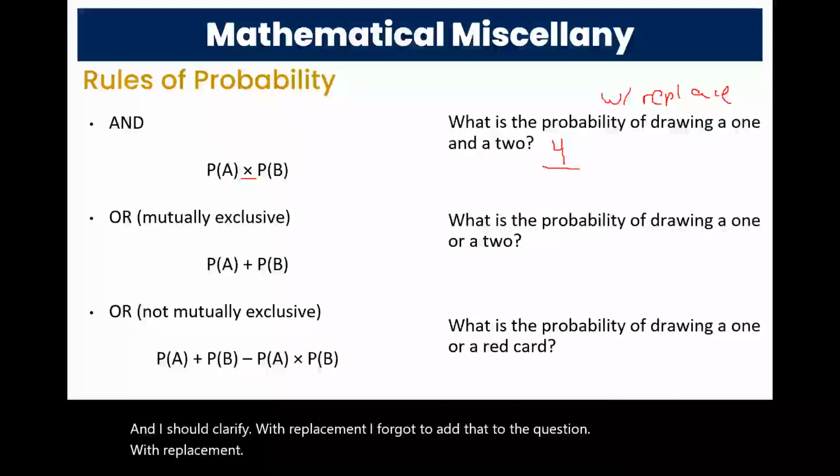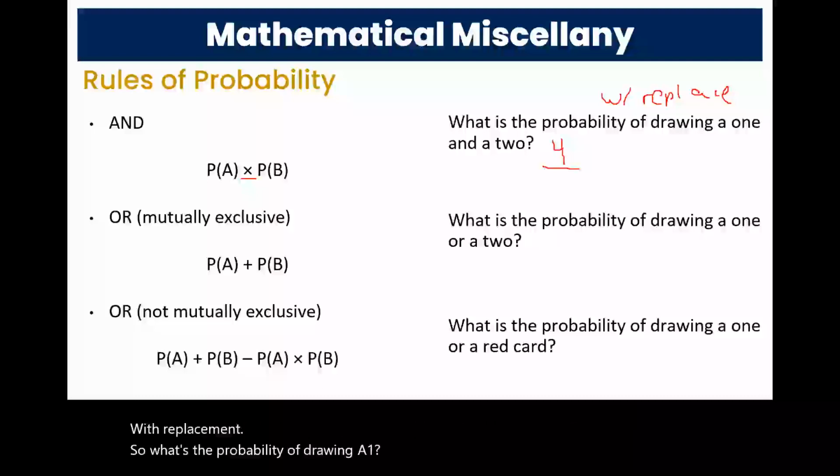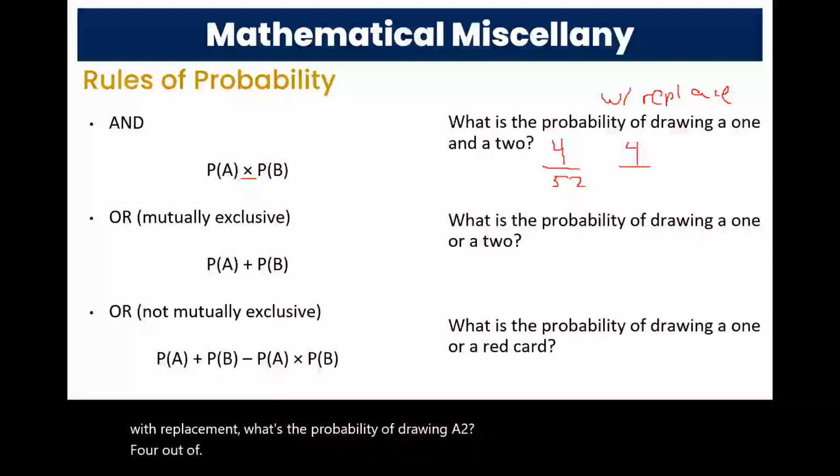So what's the probability of drawing a 1? 4 out of 52. With replacement, what's the probability of drawing a 2? 4 out of 52.